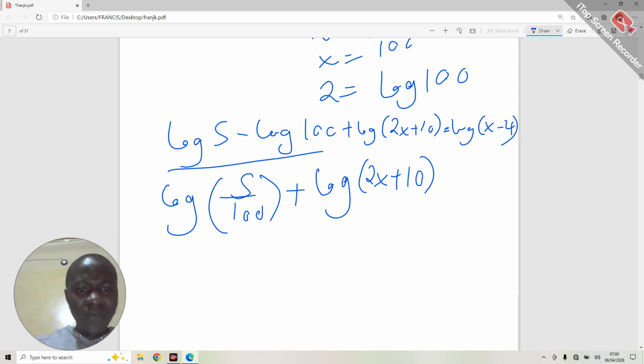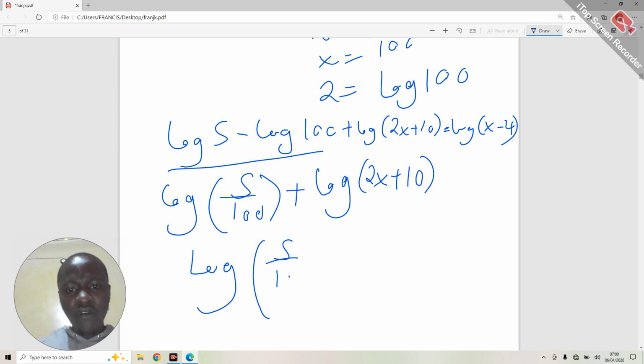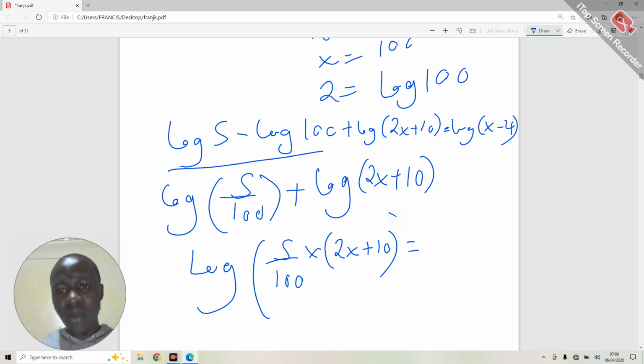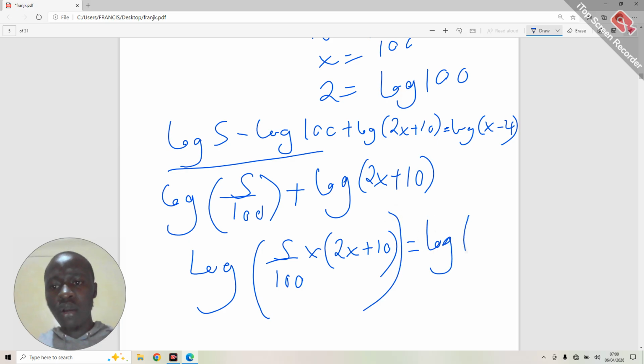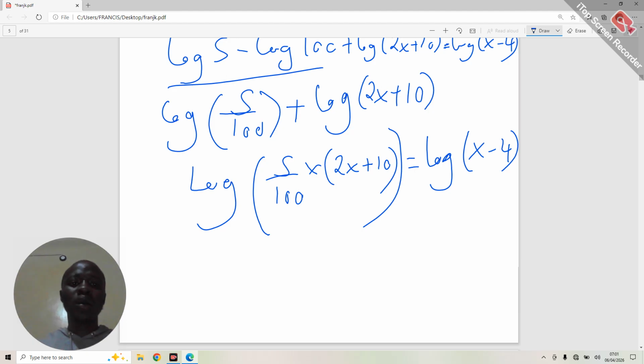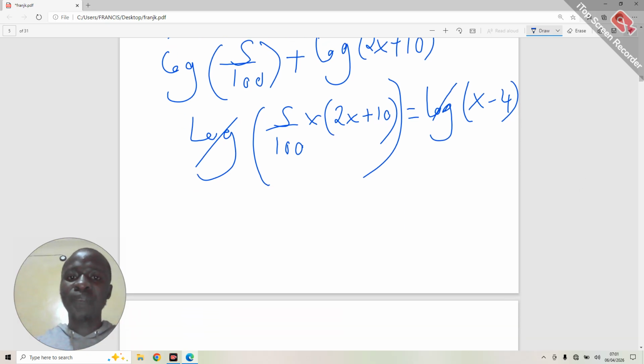So with this now, I have log of 5 all over 100 multiplied by, in a bracket, 2x plus 10, is equal to log of x minus 4. So this log cancels out this log, or maybe we drop them, whatever the case a student chooses.